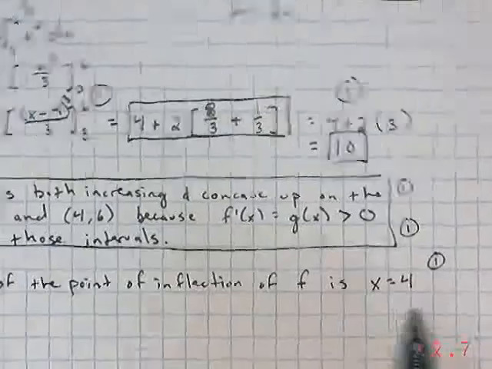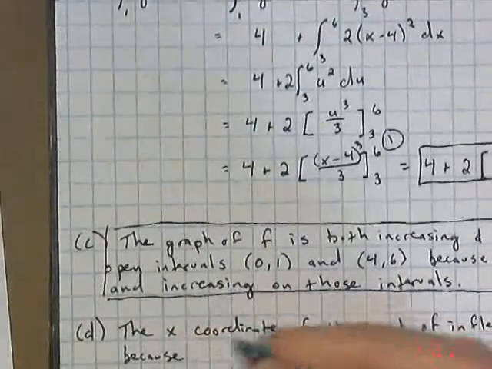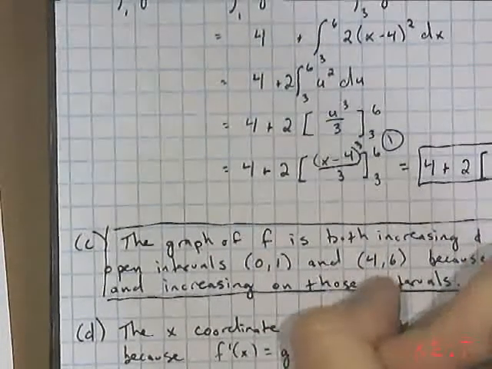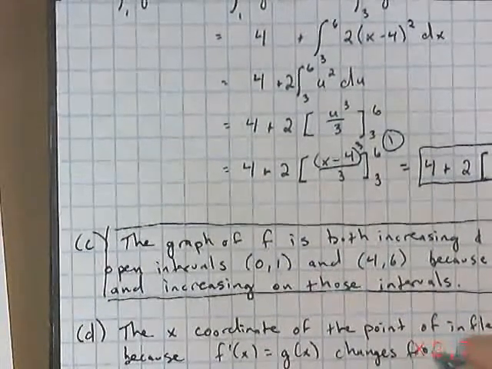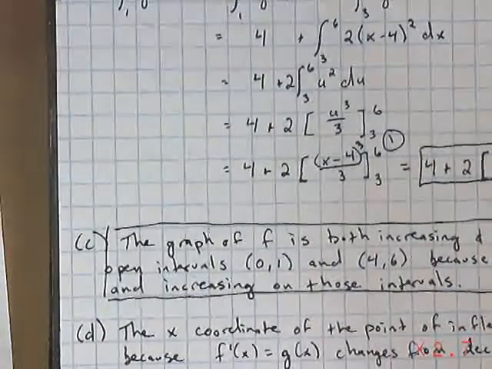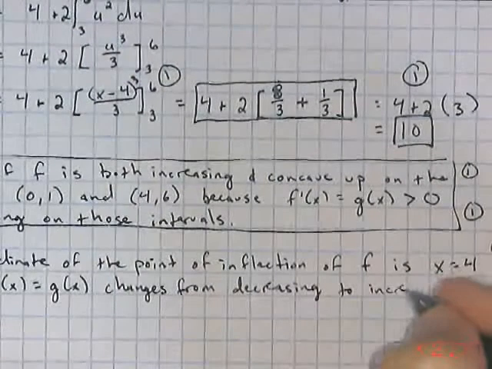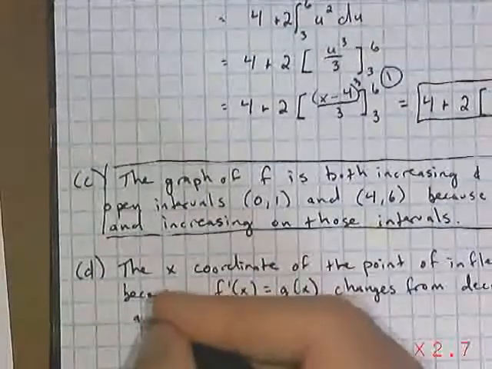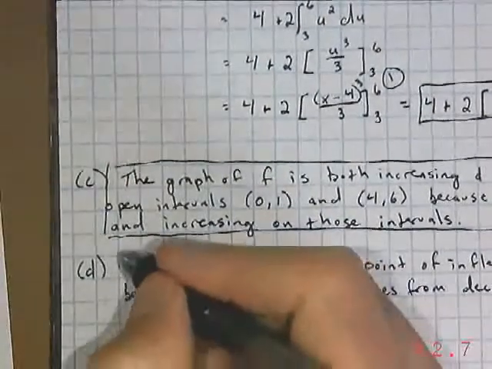And the justification is because the first derivative of f of x, which is of course equal to g of x, changes from decreasing to increasing at x equals 4. And with that justification, you would pick up your second point.